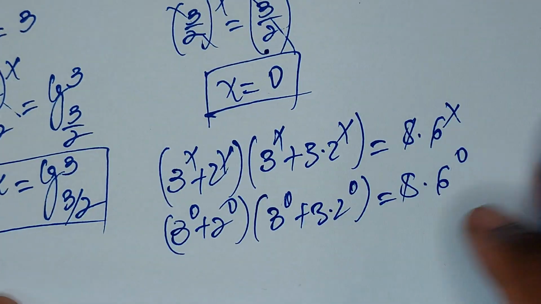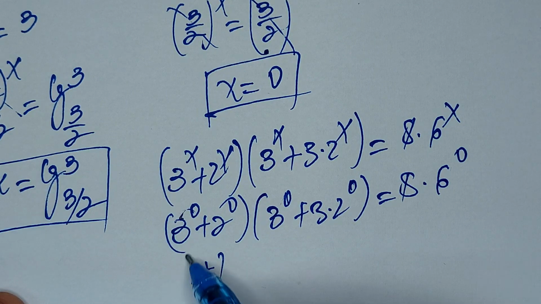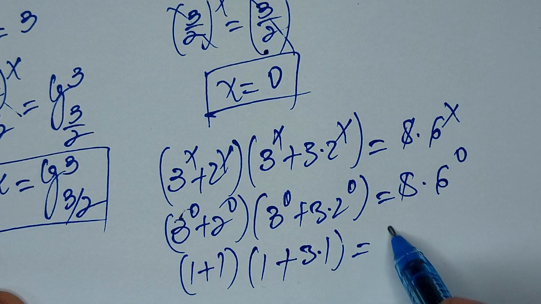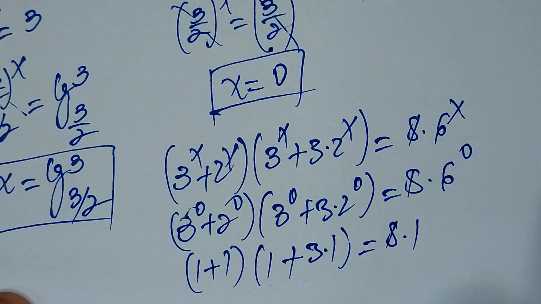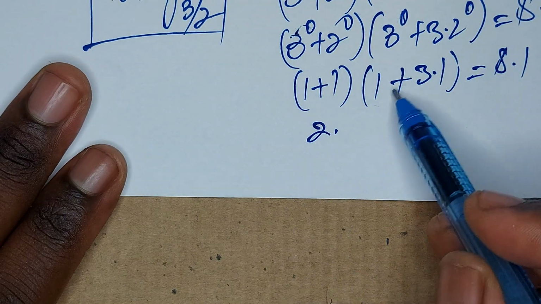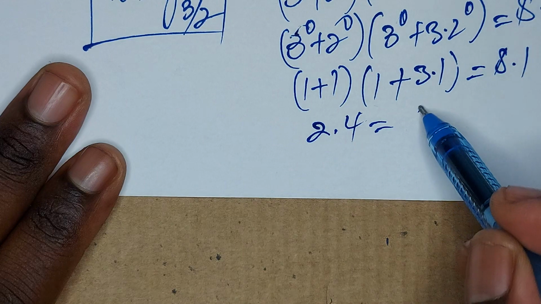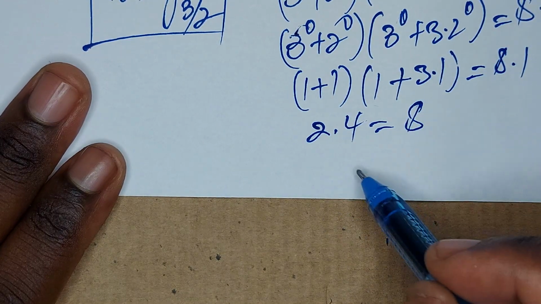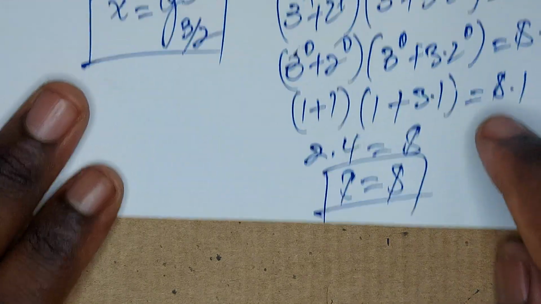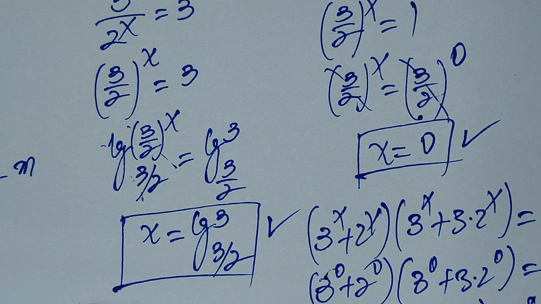So this is 1 plus 1, which multiplies 1 plus 3 times 1, equals 8 times 1. So this is 2 times 4, because 1 plus 3 is 4, and this is 8. So now we have 8 equals 8. So guys, our solutions are correct. This one is correct, and this one as well is correct.